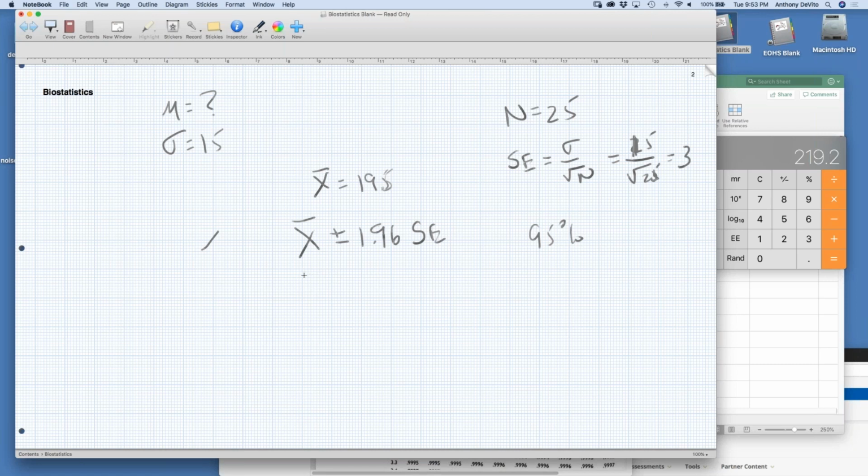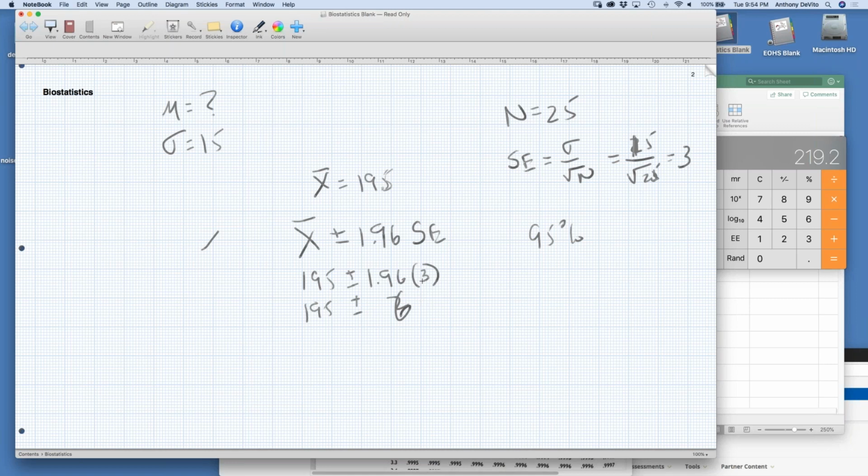So X bar in this case is 195, plus or minus 1.96 times the standard error, which is 3. Now, for your purposes, you should multiply this out and get the real number. For my purposes, I'm just going to use 2. It's going to be 195 plus or minus, I'm sorry, plus or minus 6, when I'm using 2.